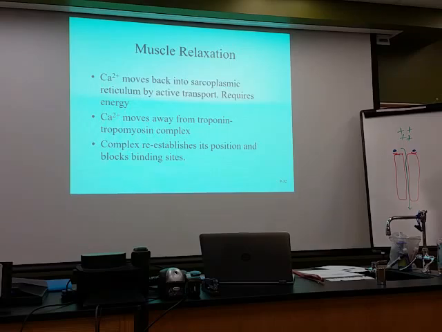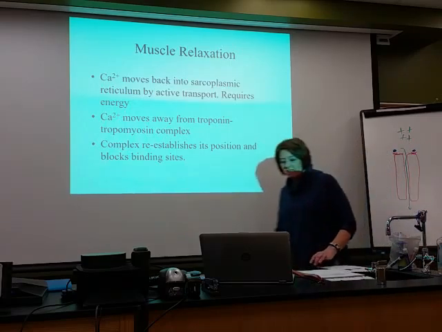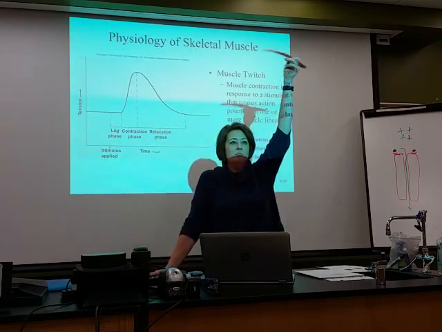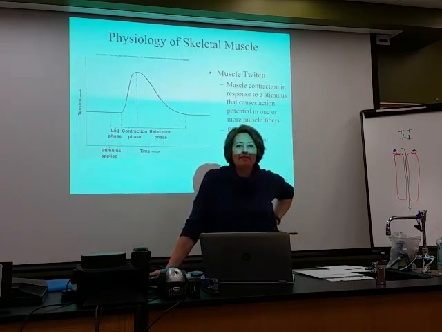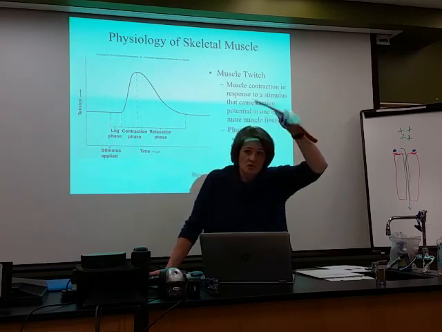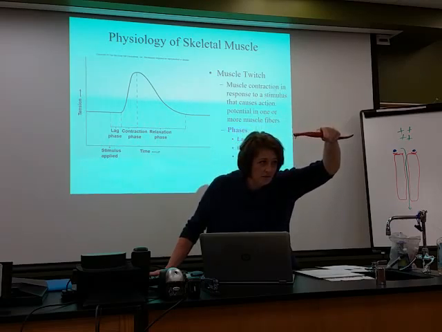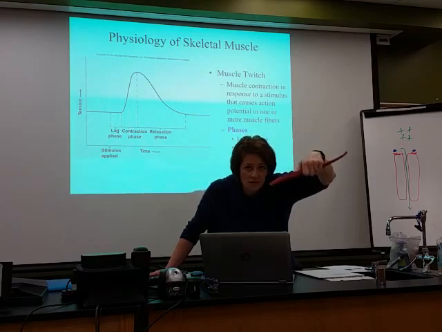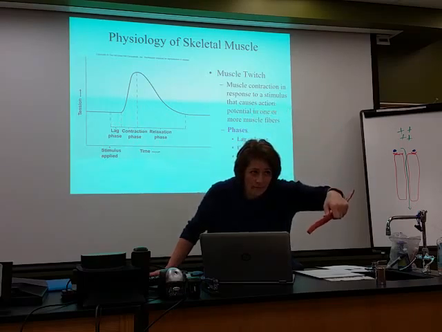So how is it that we're going to get an entire muscle to contract? We see what it takes at that functional unit area. And the functional unit of muscle is what?